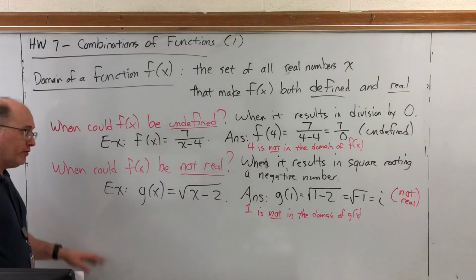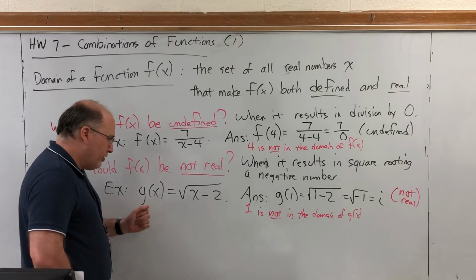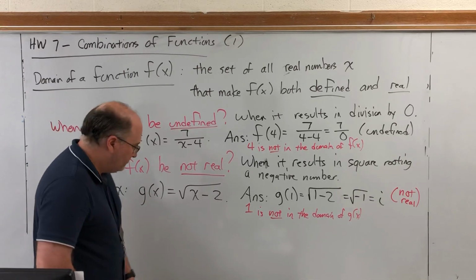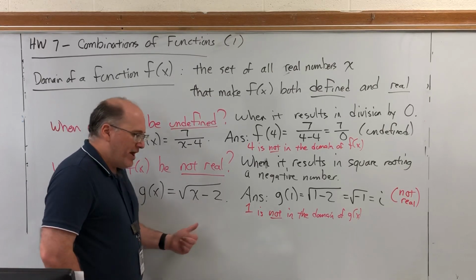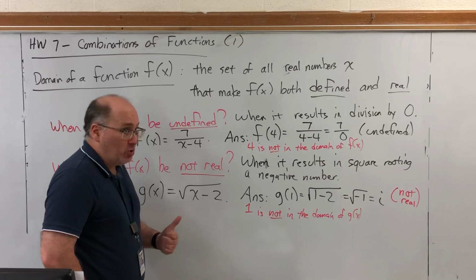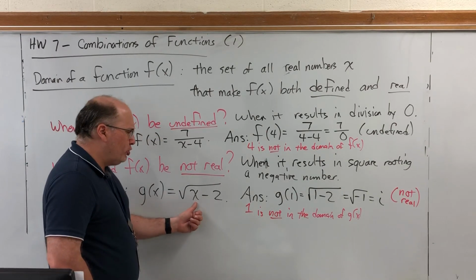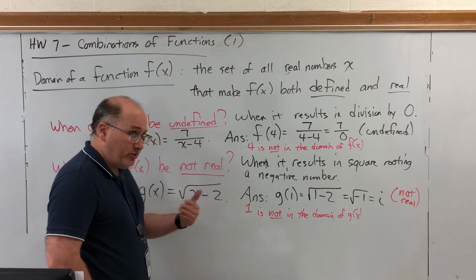In the first function, 4 was the only number that will be excluded, but can you think of other numbers for the second function that would be excluded from the domain? Would we exclude 3? No. 3 minus 2 is 1, that's not negative, so I can square root it, okay. Would we exclude 2? Well, 2 minus 2 is 0, and the square root of 0 is 0.